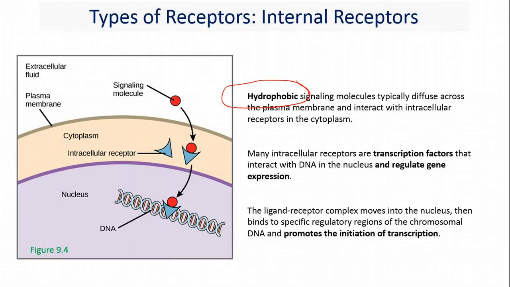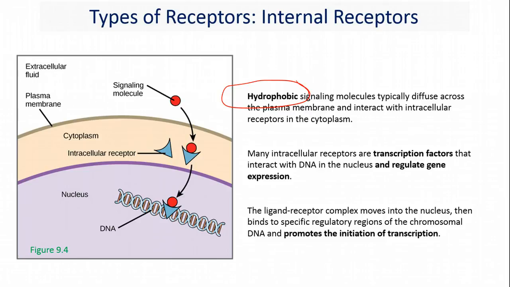So these guys just simply diffuse into the cell where they bind to an intracellular receptor. An intracellular receptor is a receptor that is in the cytoplasm of the cell. These signals are often transcription factors that will interact with DNA in the nucleus to regulate gene expression.